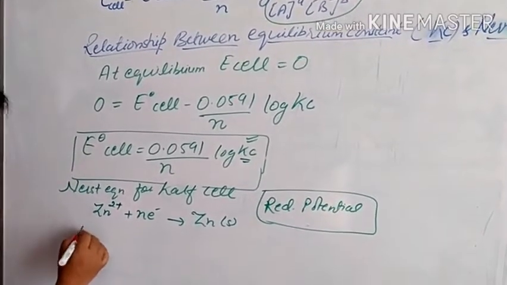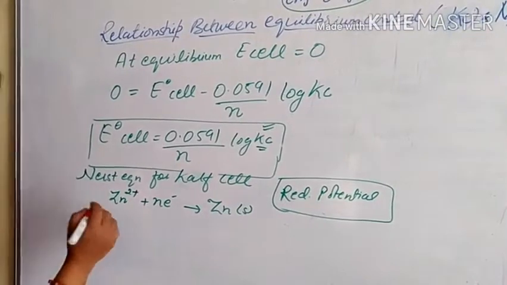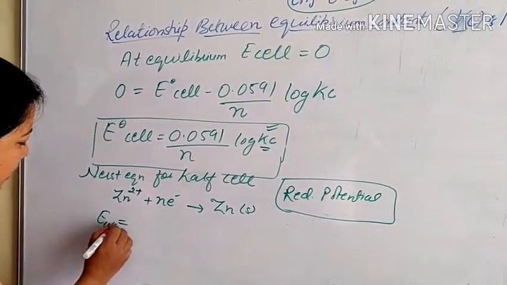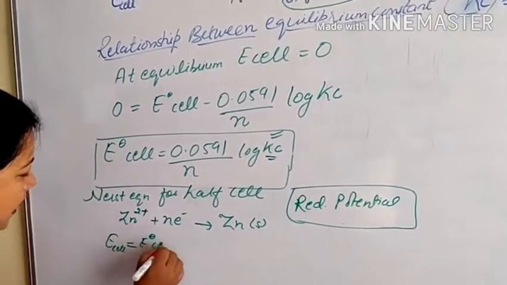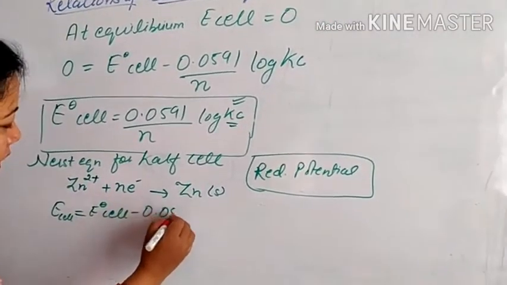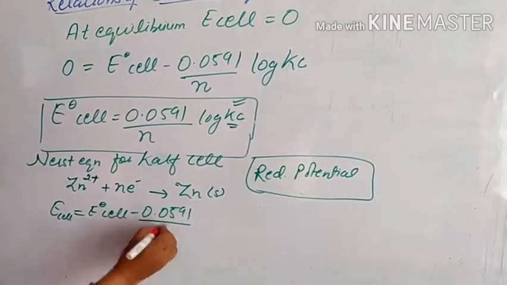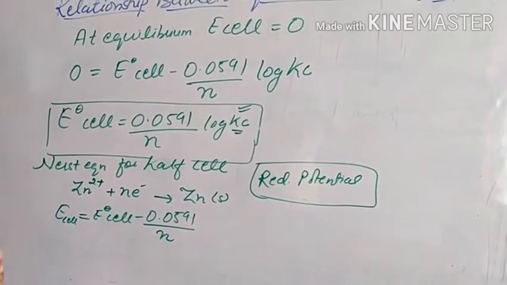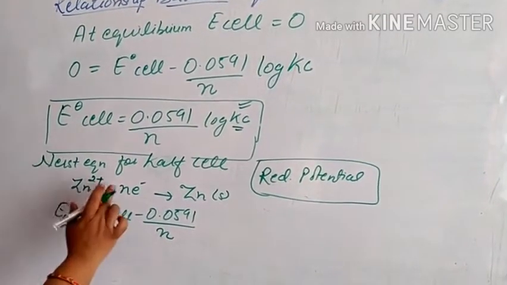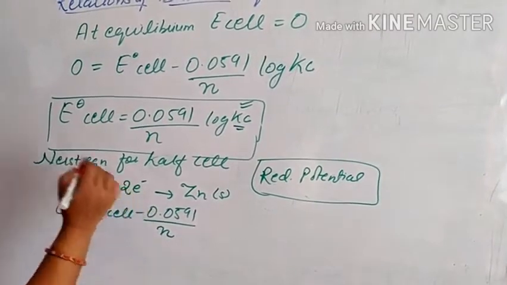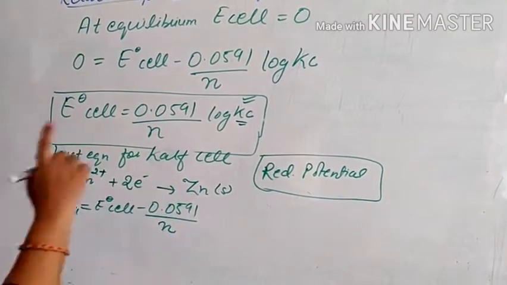So for this we can write the electrode potential of the half cell: E cell is equal to E naught cell minus 0.0591 upon n, where n is the number of electrons involved in the equation. In this case it is 2 electrons. Zinc ion accepts 2 electrons and changes into zinc.